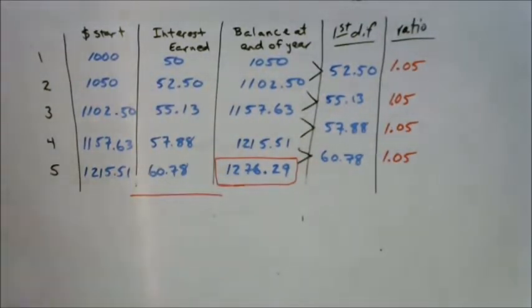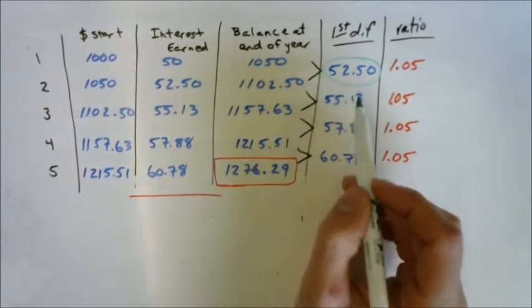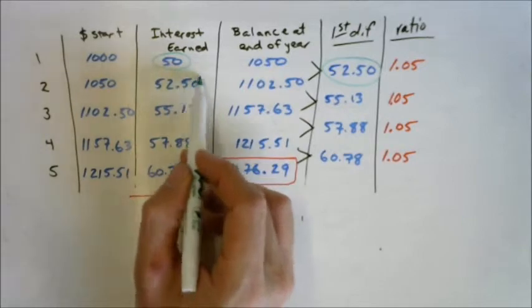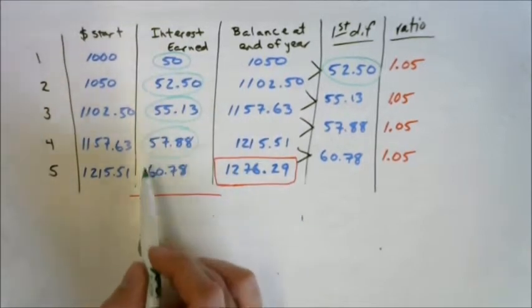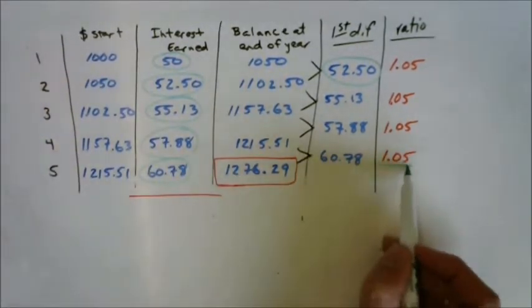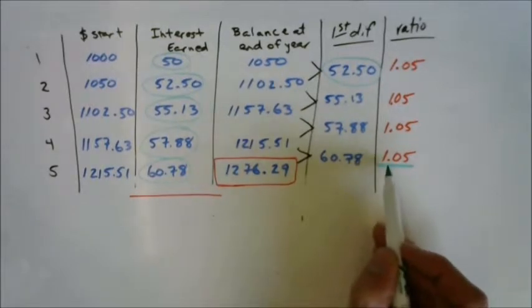So when we are looking at simple interest, the interest earned per year was the same amount every year. Now we're looking at compound interest, and the interest earned is not the same every year. It's different every year. It goes up every year. It's this column. Okay. How much does it go up by? Well, it goes up by 5%. Why is it 1.05?